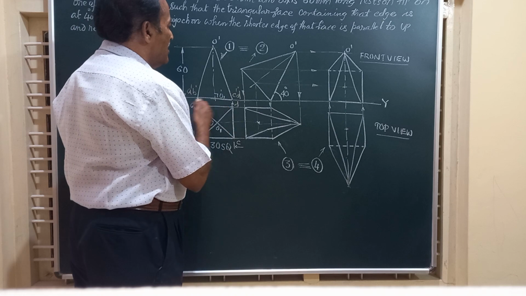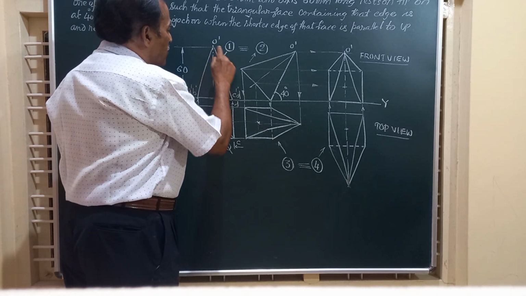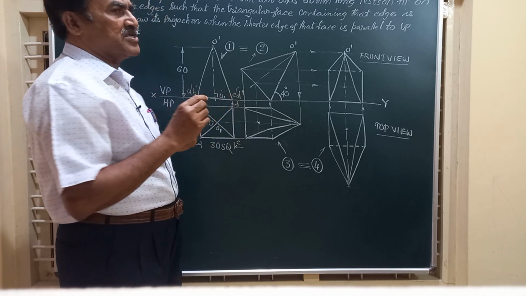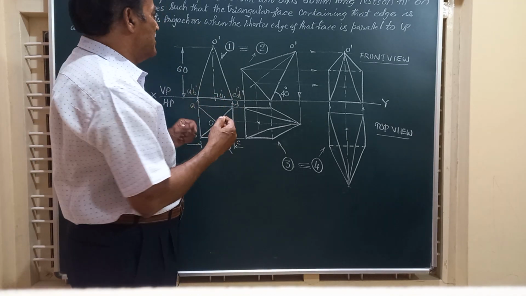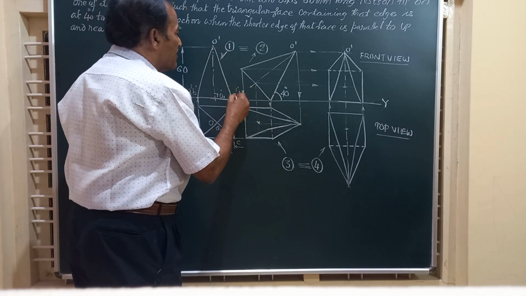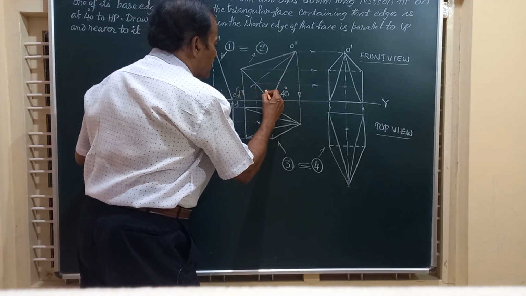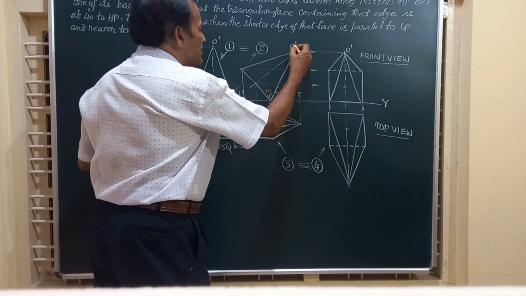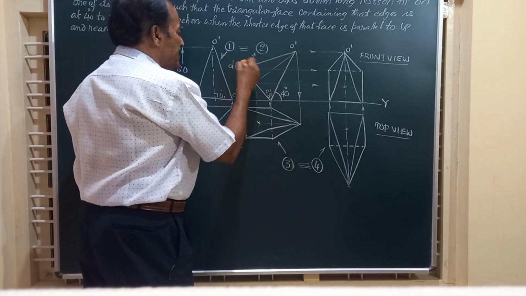Friends, here I have to redraw this figure. In the front view, O dash, C dash, D dash represents one of the triangular faces of the pyramid. And this is redrawn here such that this triangular face O dash, C dash, D dash is at an angle of 40 degrees to the HP, and this point becomes A dash, B dash.